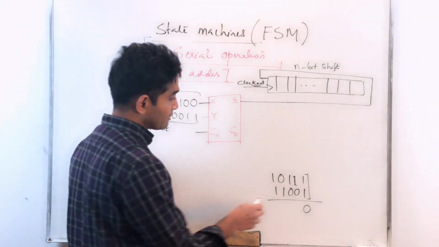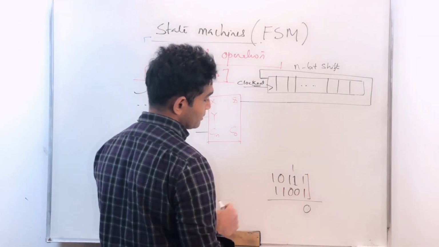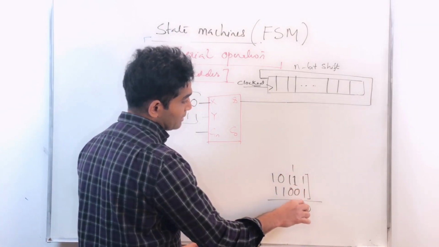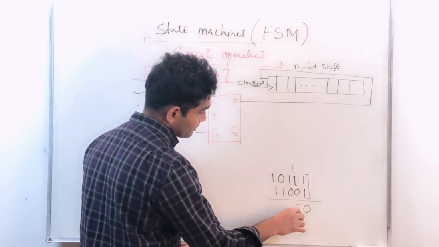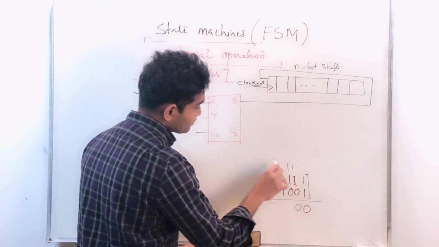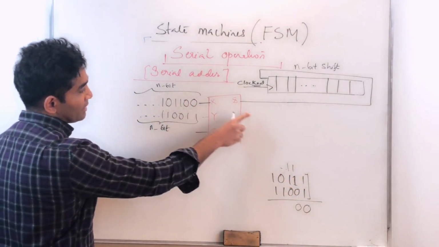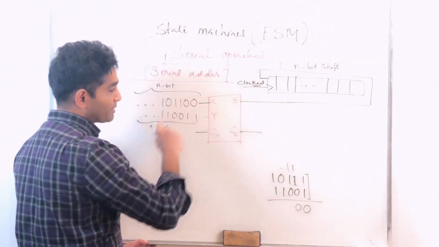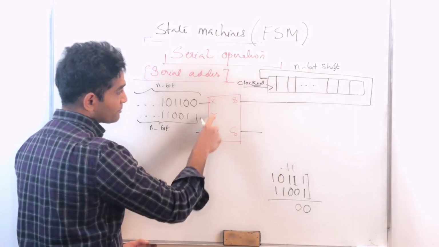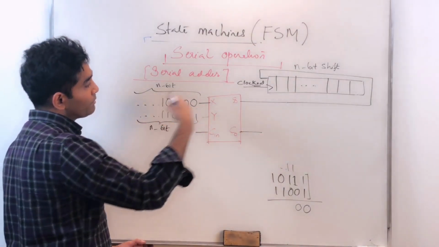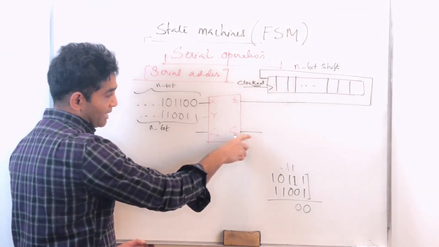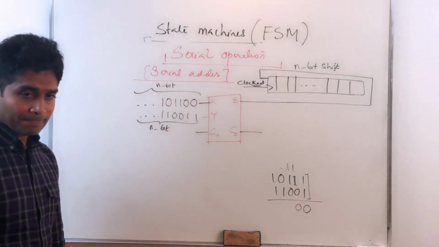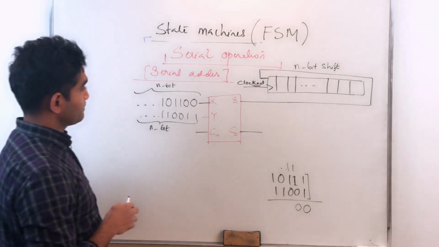So I have to consider that carry as well, and then I add them together. I get some sum, and then I repeat the process. So every time I'm adding these two bits, I need to have some kind of feedback. I'm generating a carry out when I'm adding these two bits, and for the subsequent bits, I need to consider adding this carry out along with the two bits together. I hope that makes sense.